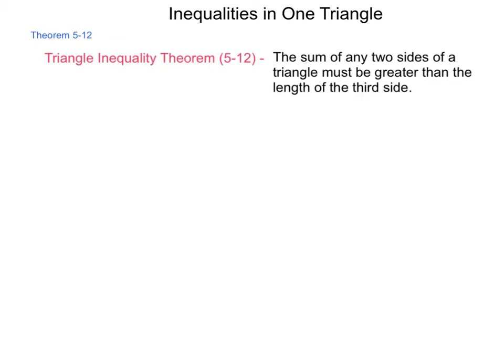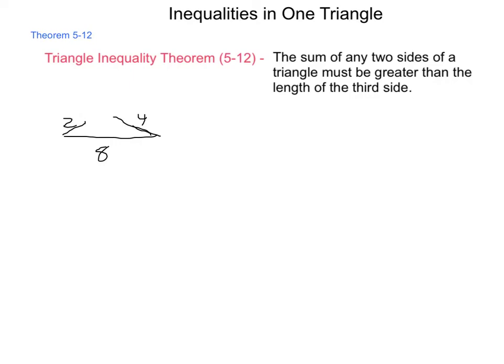The reason for this is that if I had a triangle that had a side length of 8, a side length of 2, and a side length of 4, the 2 and the 4 would not be long enough to reach each other. They would fall down and land on the 8 with a space in between them. So we have to have any two sides longer than the third.